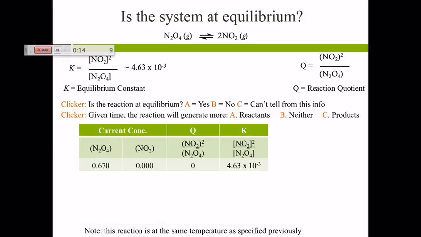With these initial concentrations, this is the Q value that you all calculated, 0. This is our equilibrium constant. So the question is, to get from Q to equilibrium, are we going to generate more products, more reactants, or not have a net change?